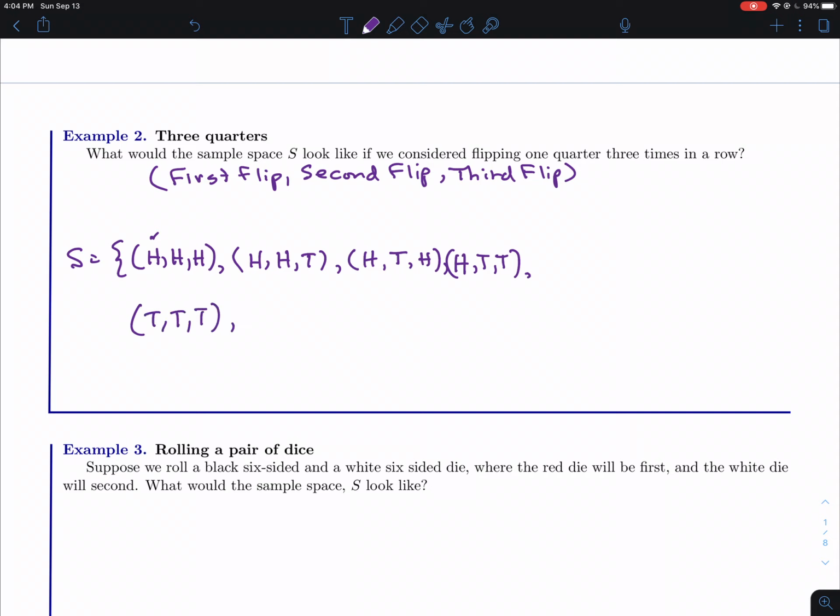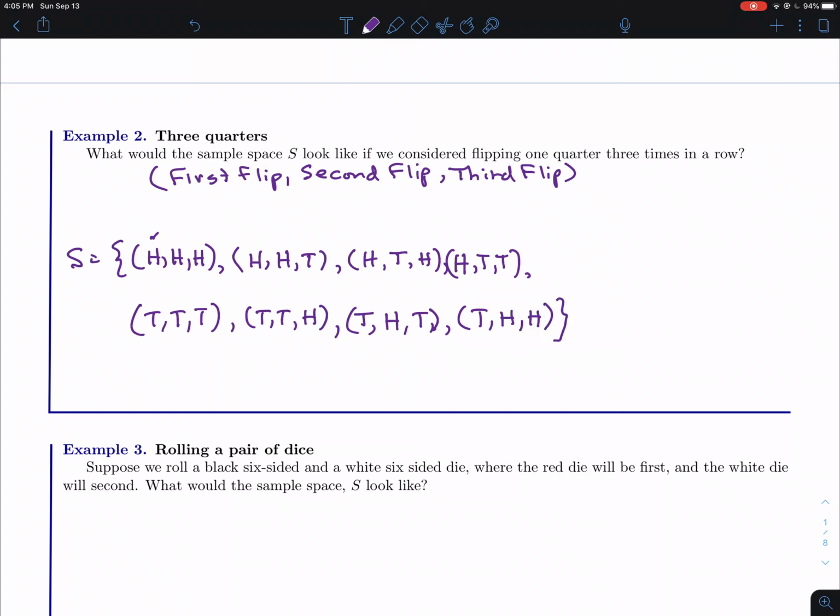And then again, I'm going to fix the first two tails and write that as tail, tail, head. Now I've used all the possible first two T's together. So now let me just fix this T, then a head. And so again, I can have either a tail, or I can have tail, head, head.